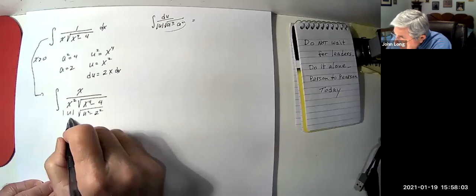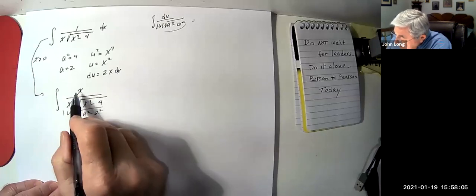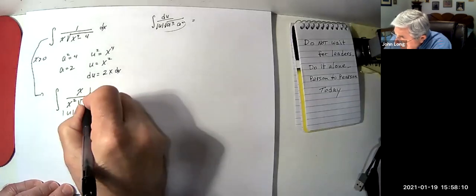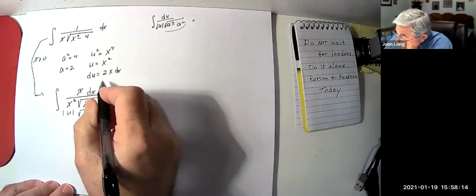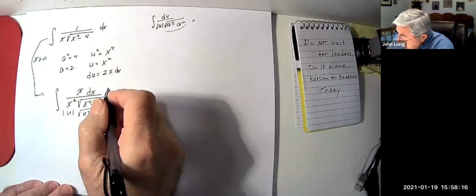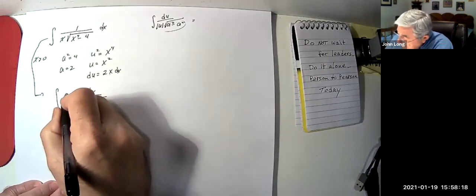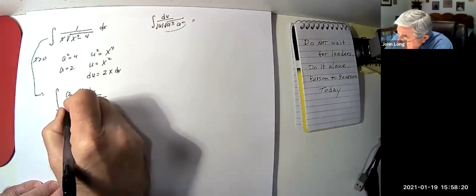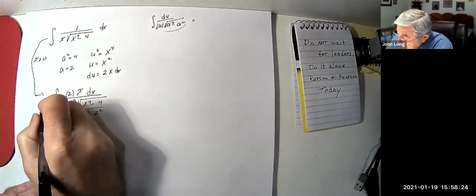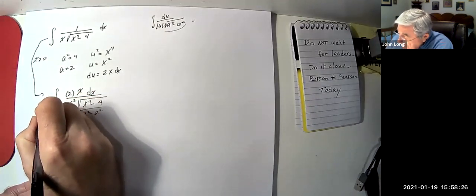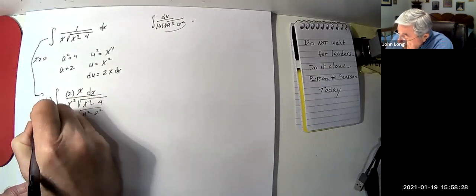Well, no. But we have at least achieved having an x up there. And then we can, of course, bring the dx from out here to the top of the fraction. So what's missing up there is a 2. When I'm missing something, I sometimes like to insert it with a parenthesis like that, so you can sort of see that it's an insert. And I take care of that by inserting a 1/2 out in front.